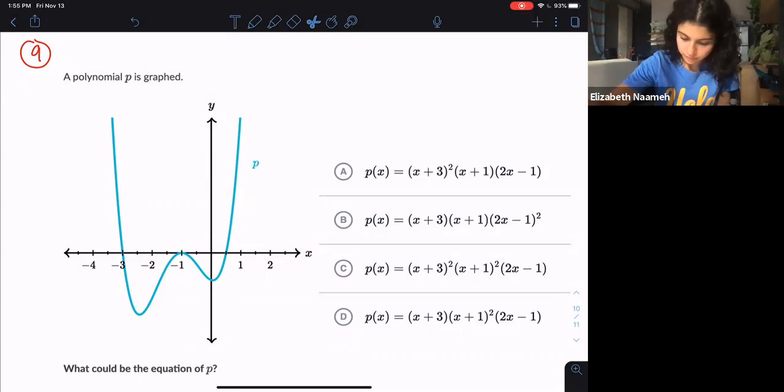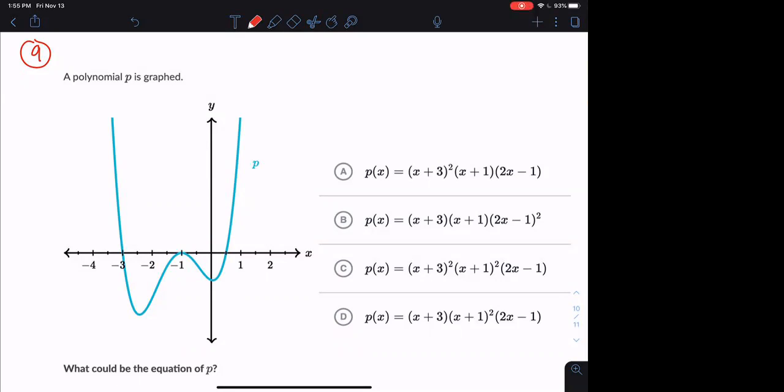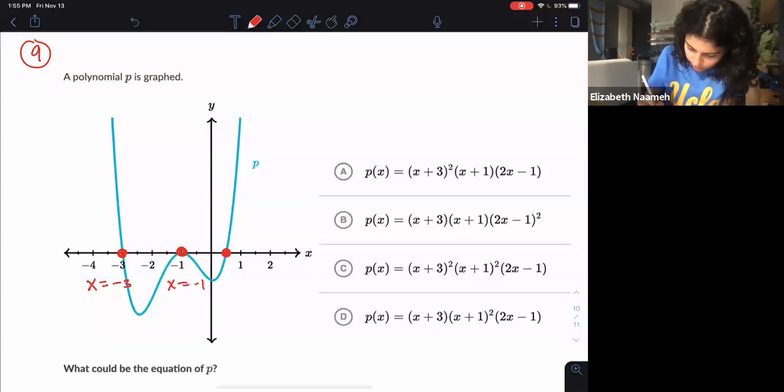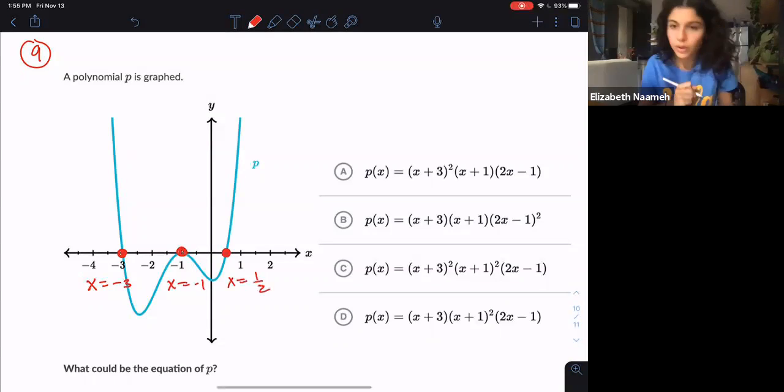Okay, let's do this. So first, what should we check? What points the polynomial passes through? Yeah, so our x-intercepts, we have x-intercepts at -3, -1, and it looks like 1/2. What should we do next?